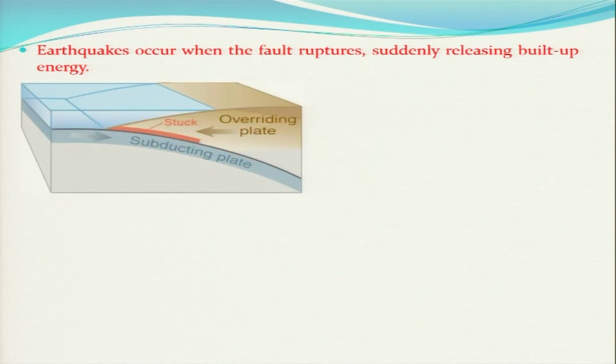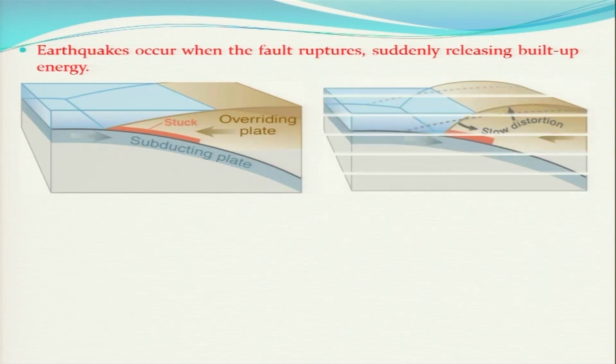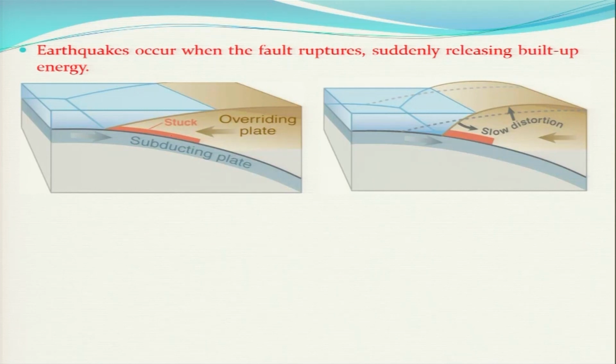So, earthquakes occur when the fault rupture suddenly releases the built up energy. This was shown in one of the cartoon movies, where slowly the locked area will result in the development of strain and deformation of the overriding plate, which can result in either subsidence or uplift of this region, but this will be a very slow process and can be picked up if you have GPS stations.